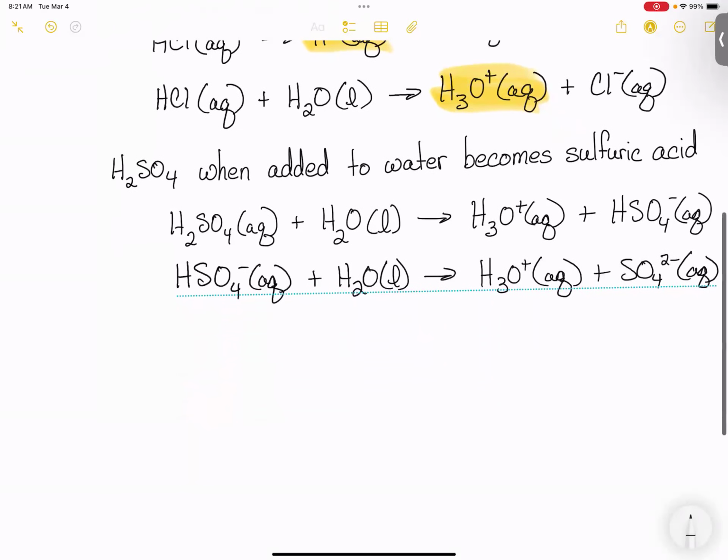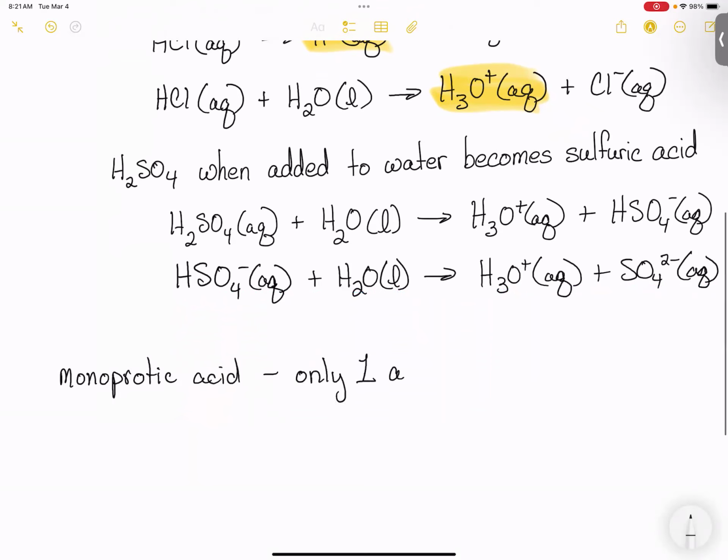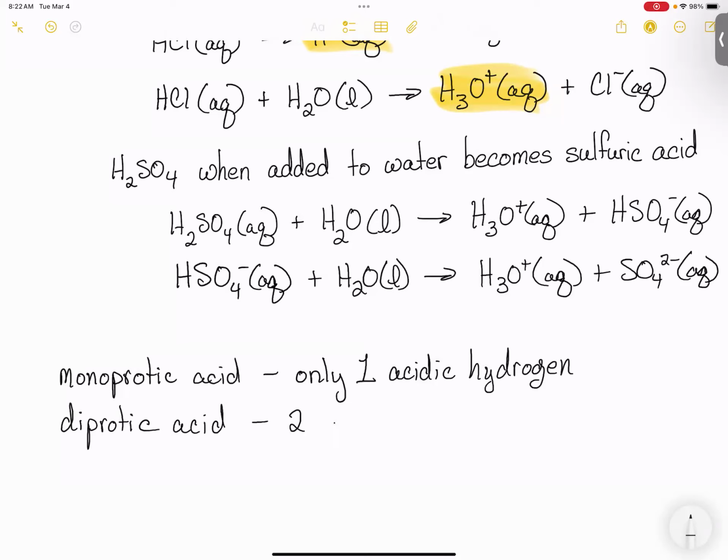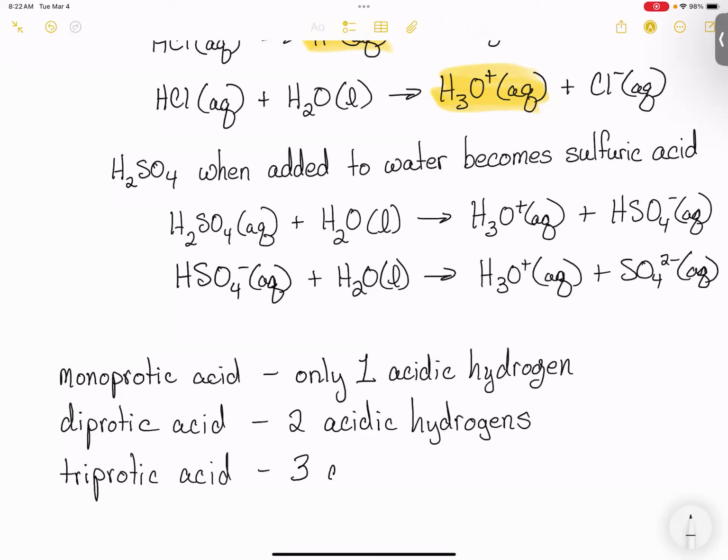So the definitions that I will say are monoprotic, which has only one hydrogen, diprotic, which has two acidic hydrogens, and triprotic, which would have three acidic hydrogens.